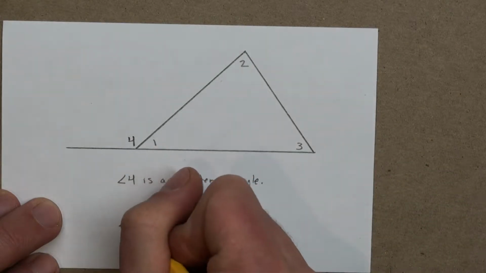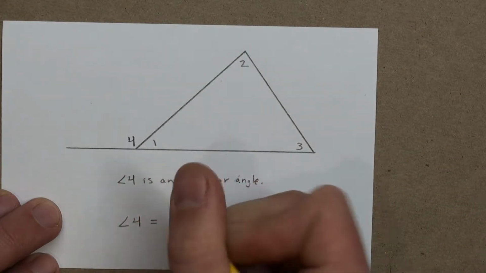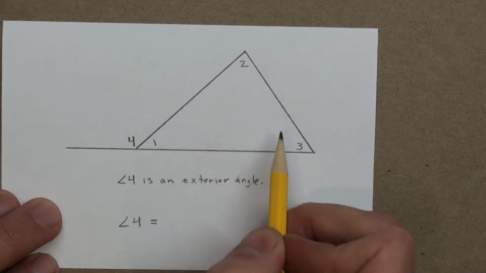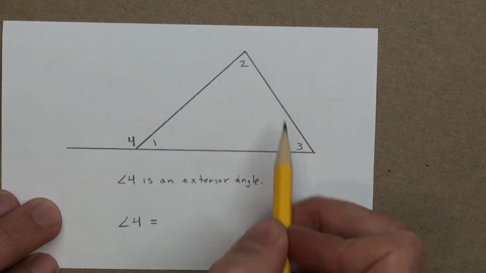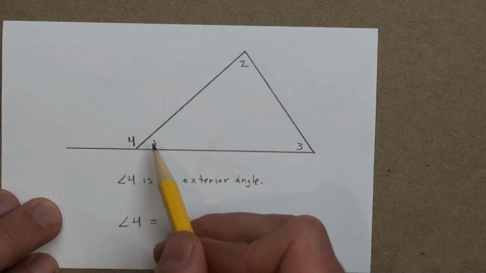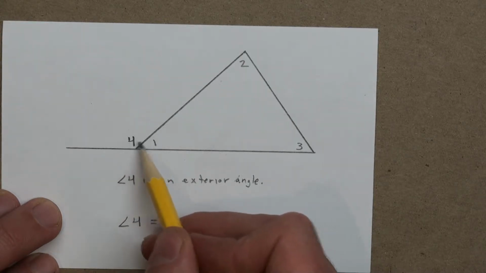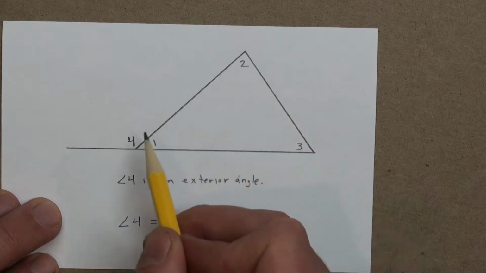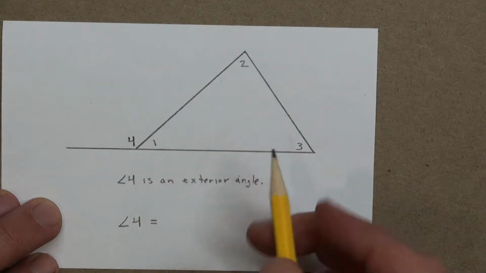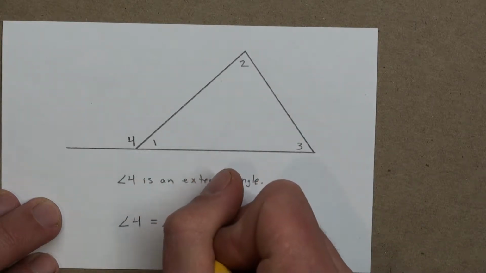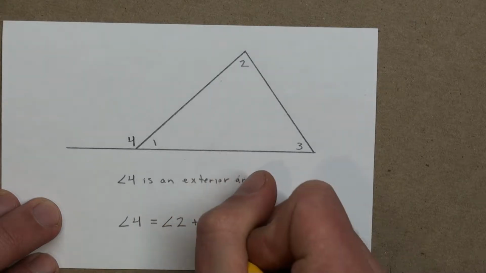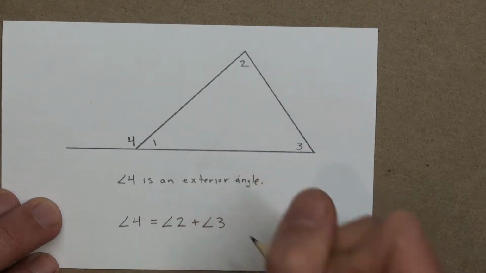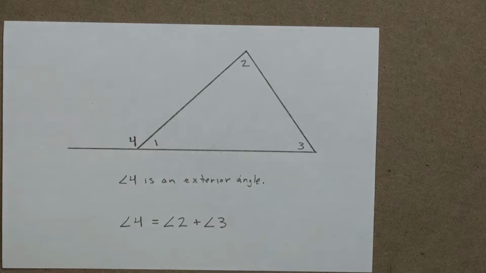Now, angle 4 is equal to the sum of the two non-adjacent interior angles. You see how angle 1 is next to angle 4. Non-adjacent means not next to. So the two angles that are not next to angle 4 are 2 and 3. So it's equal to angle 2 plus angle 3. All right?